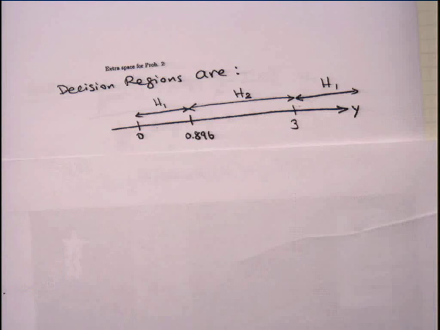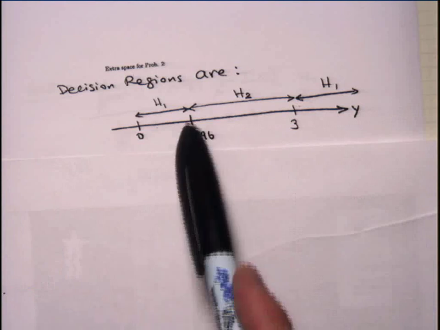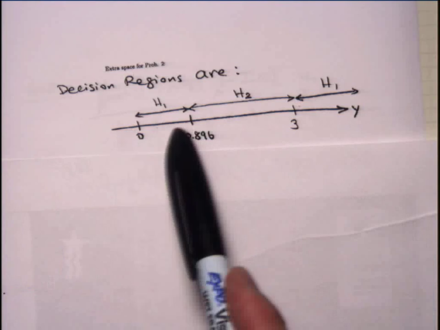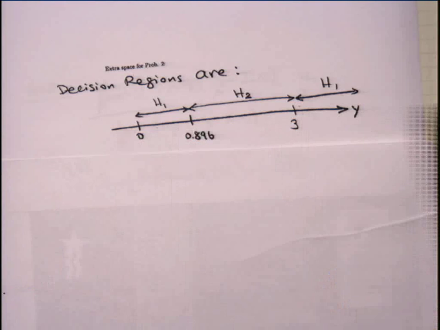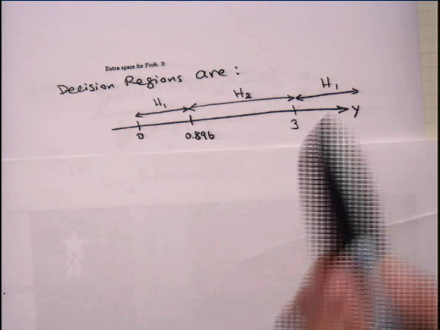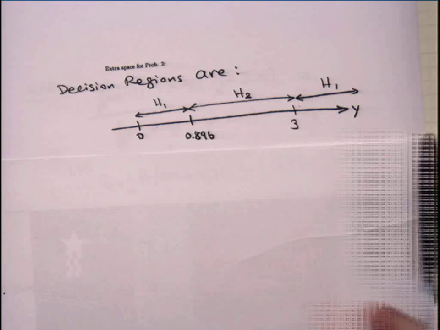However, you have to remember the range of the distributions, right? So here you've got h1, here you've got h2, here you've got h1 again. Okay? Because remember, one of them is a uniform distribution, so it goes only from 0 to 3. Okay? And so you have to specify the range in this fashion.